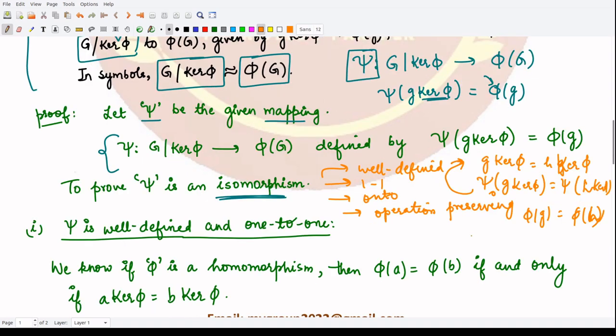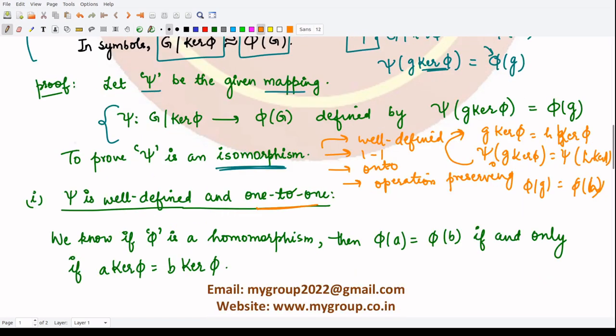For well defined and one-to-one, we have a result which proves both conditions. We have already studied that if phi is a homomorphism, then phi of A equals phi of B if and only if A kernel phi equals B kernel phi.